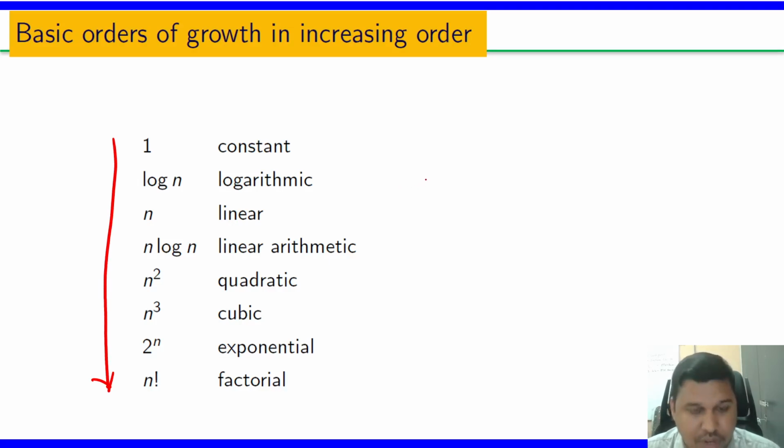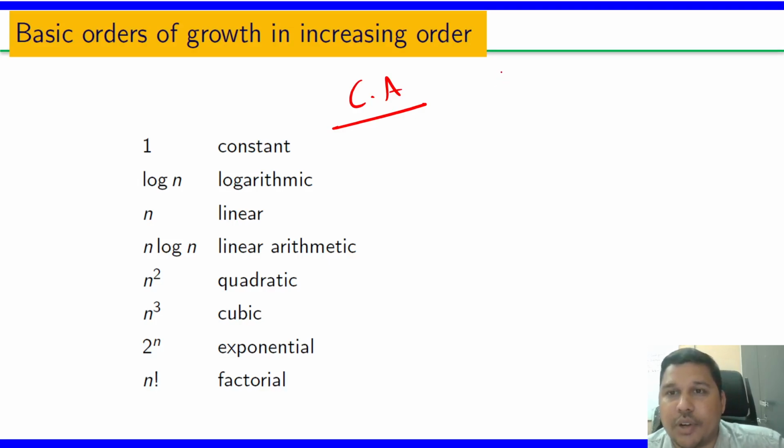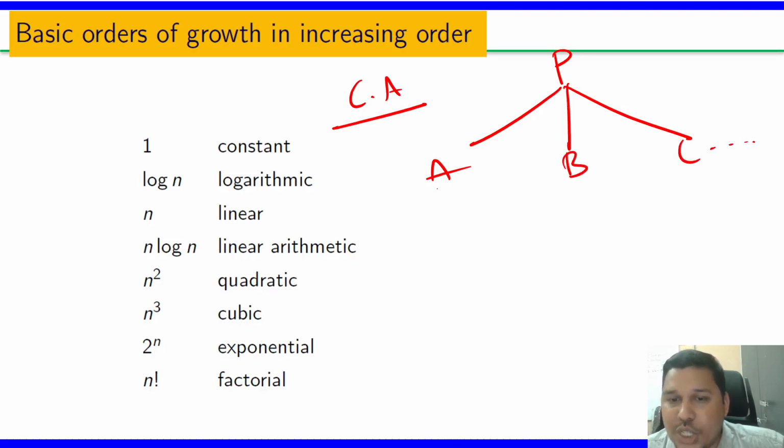If I summarize what we have seen, we are talking about complexity analysis, in which we talk about running time and order of growth. Given a problem P, it may have multiple solutions A, B, C and so on. Our goal is to find out which is the best solution.